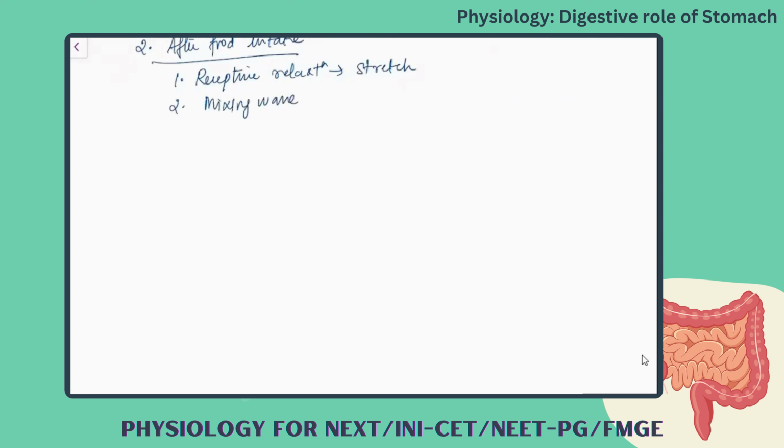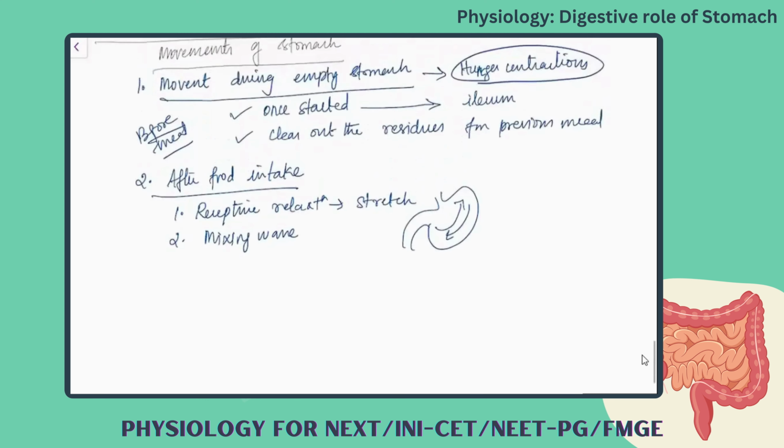If one segment of the stomach is contracting, the other segment is relaxed. Then the contracted segment will relax and the relaxed segment will contract. So this is how the contents are mixed all over the stomach. That is called mixing movements.